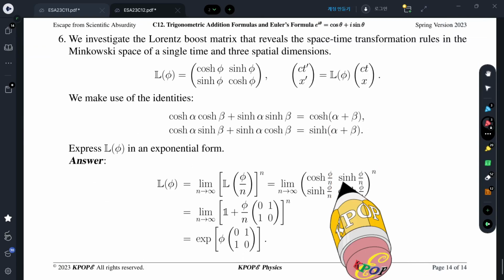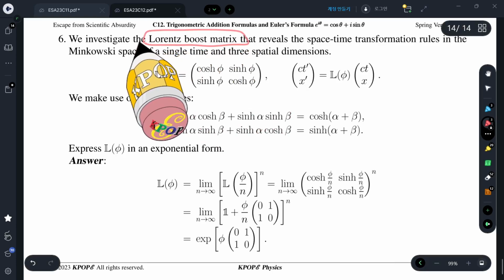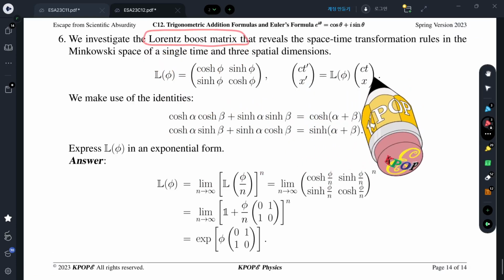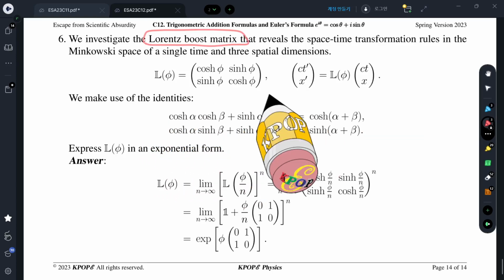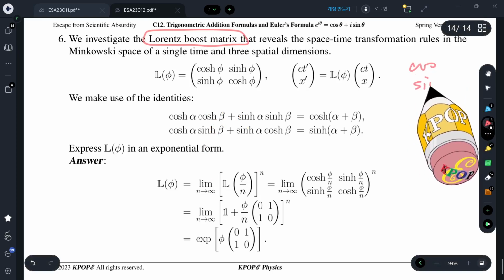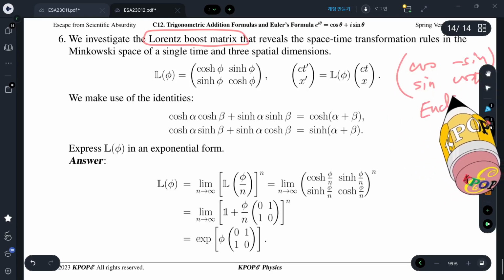Finally, this can also be applied to the Lorentz boost. This is the boost matrix, the space-time transformation rule for the special theory of relativity. In this case, we have a transformation rule very similar to cosine, sine, minus sine, cosine, that is the rotation matrix in Euclidean space.